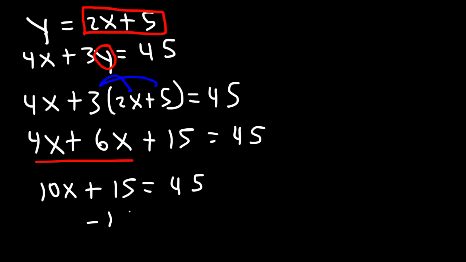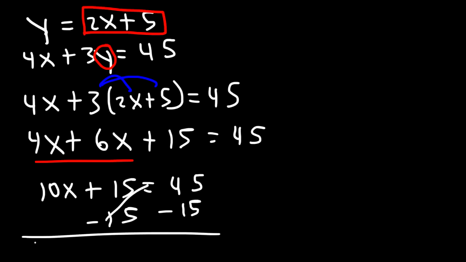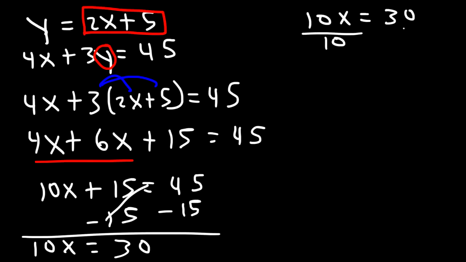Next, let's subtract both sides by 15. 45 minus 15 is 30. So we have 10x is equal to 30. Now let's divide both sides by 10. So x is 30 divided by 10, which is 3.